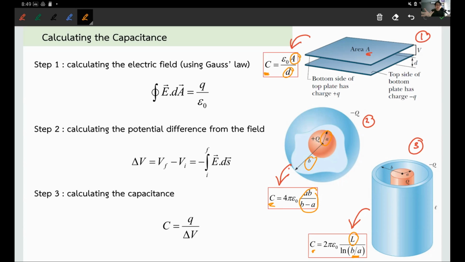Why? Because the physical configuration of that antenna has changed. That's the whole point. This is why the capacitance changes along with the physical configuration of the device. The C will change along with it.